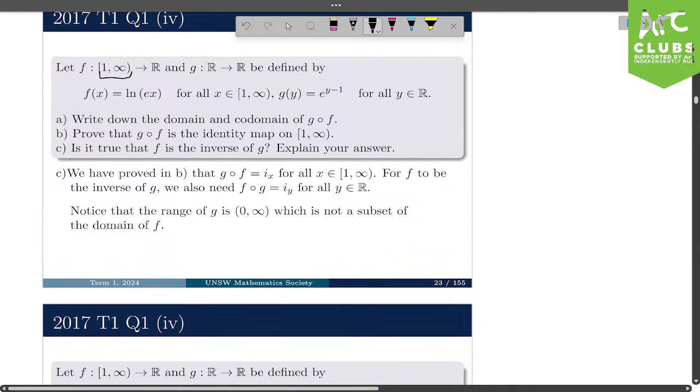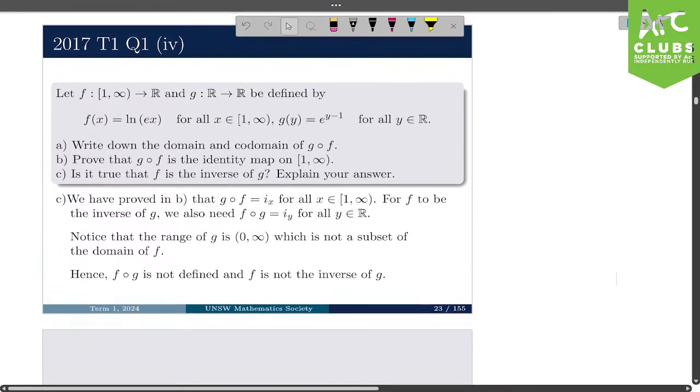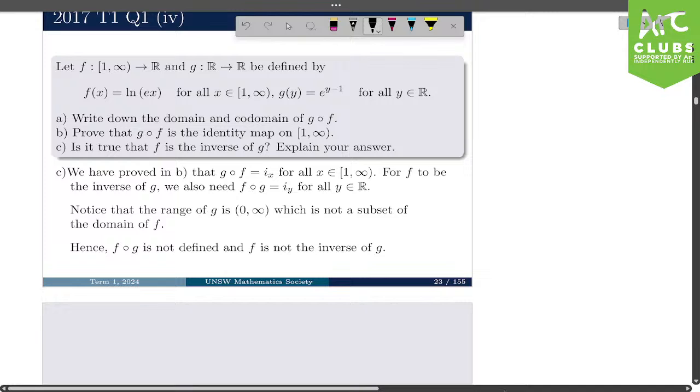So we could have some output of g where f of that output is actually undefined. And what that means is that f of g is not actually a function. It is not defined, and f is not the inverse of g. It's not the correct function that satisfies those two properties.